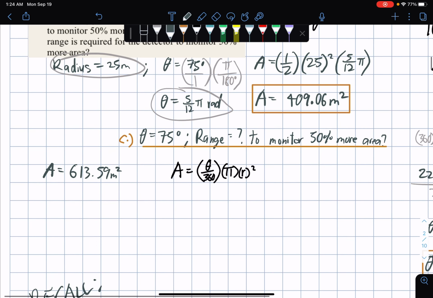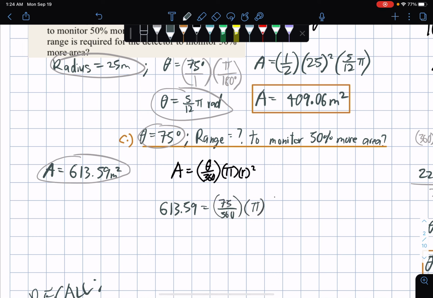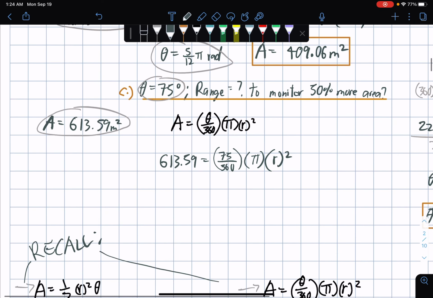Alright, so these are the two values. Let's put them into the actual formula. So 75 over 360 times pi times radius raised to 2. Multiply 360 on both sides. Cancel.